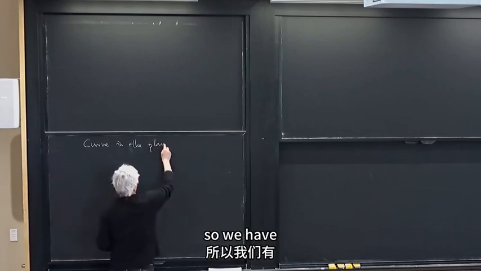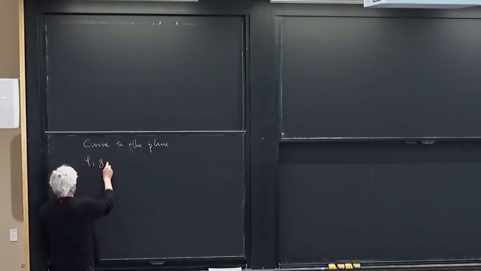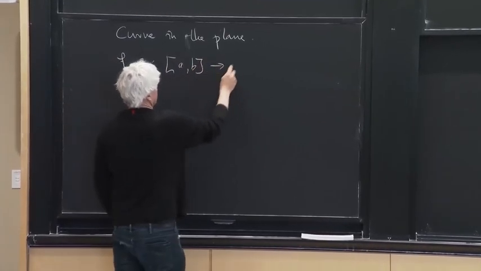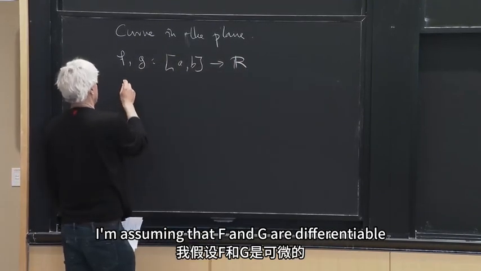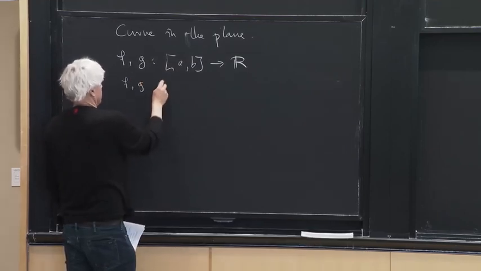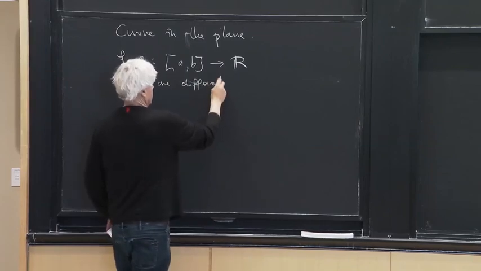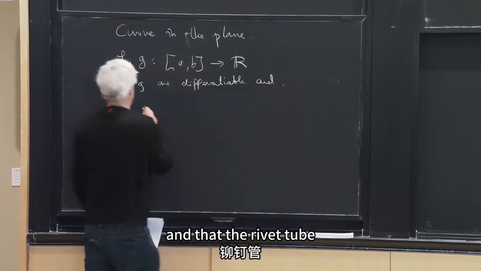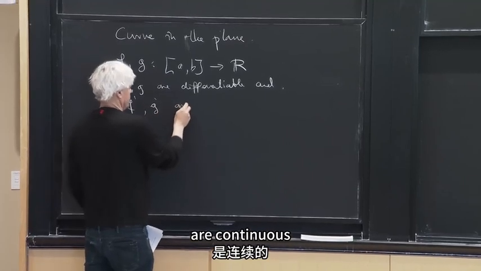So we have functions f and g on some interval, say from a to b, into R. I'm assuming that f and g are differentiable, and that the derivatives are continuous.